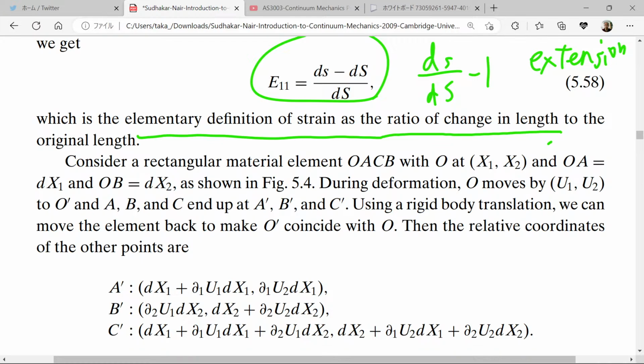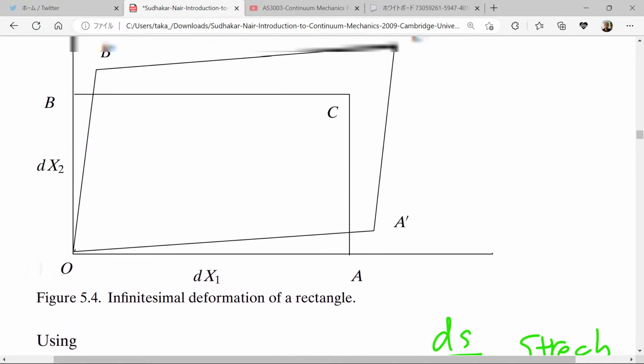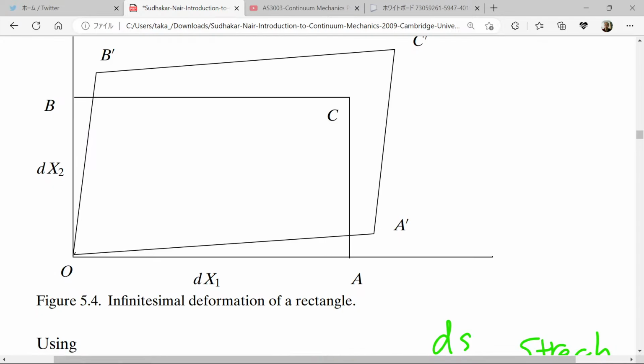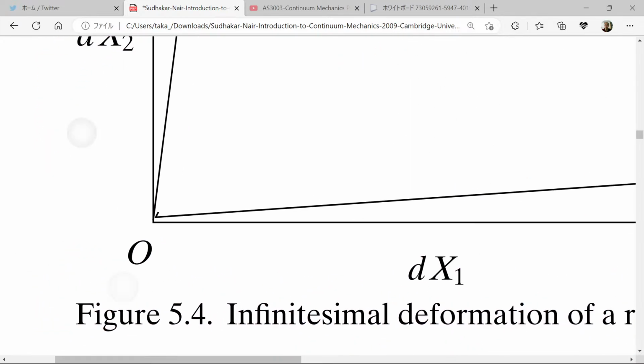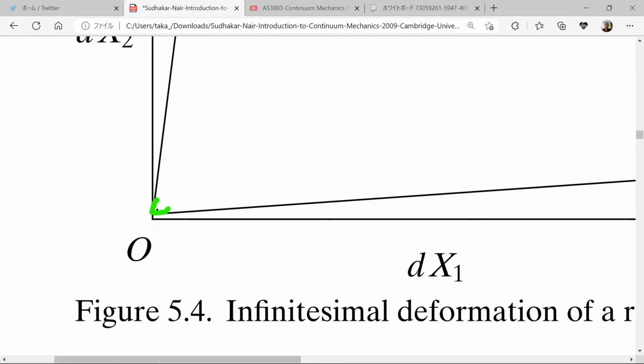Anyway, consider a rectangular material element OACB with O at x1, x2 and OA equal dx1 and OB equal dx2 as shown in figure 5.4. During the deformation, O moves by U1, U2 to O prime. So actually O moves. So it's strange. Here I think this has to be connected.